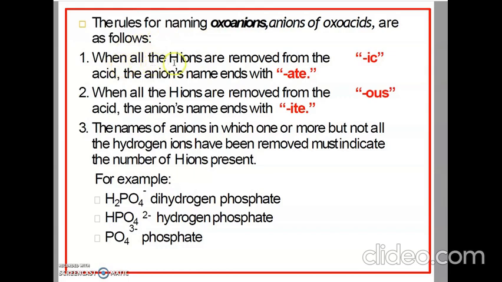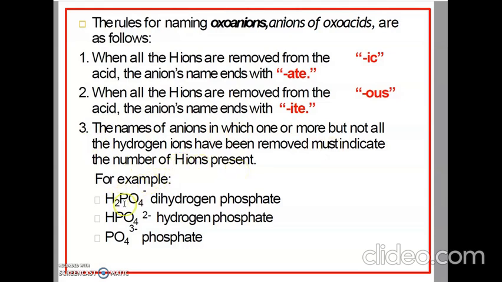When all the hydrogen ions are removed from the acid, the anion's name ends with ATE. So from IC it becomes ATE. When all the hydrogen ions are removed from the OUS acid, the anion name ends with ITE. And the name of an anion in which one or more but not all the hydrogen ions have been removed must indicate the number of hydrogen ions present.